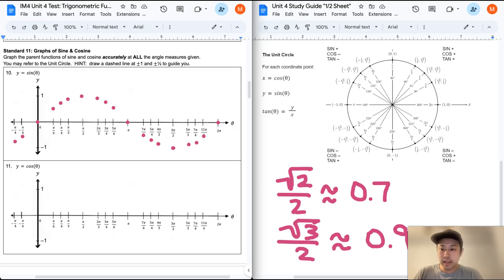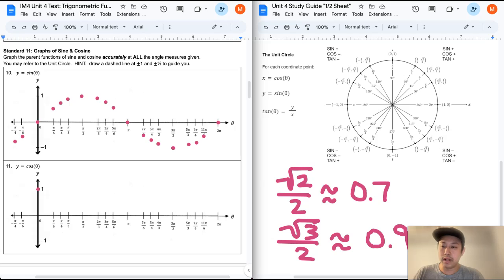So at an angle measure of 0, my x value is 1, so my cosine value starts at 1, right? Right here, x value of 1. And then it goes to 0.9, then 0.7, then 0.5.